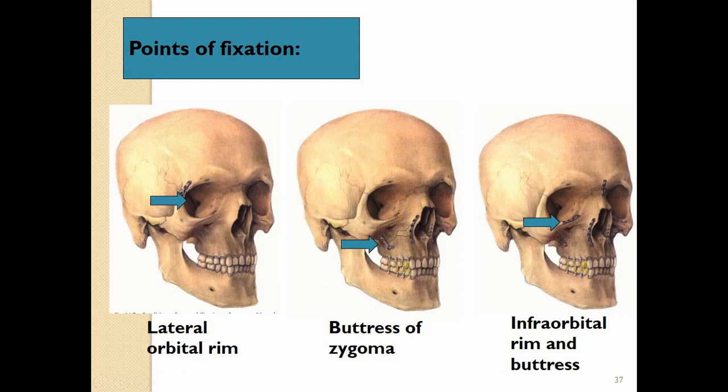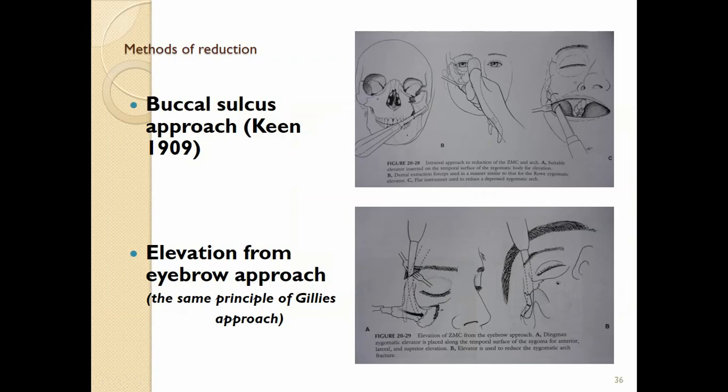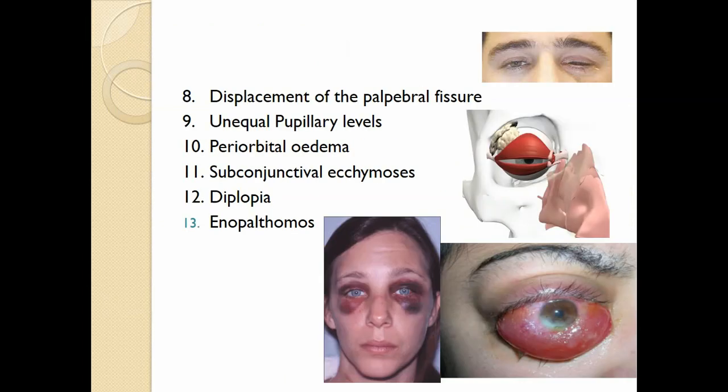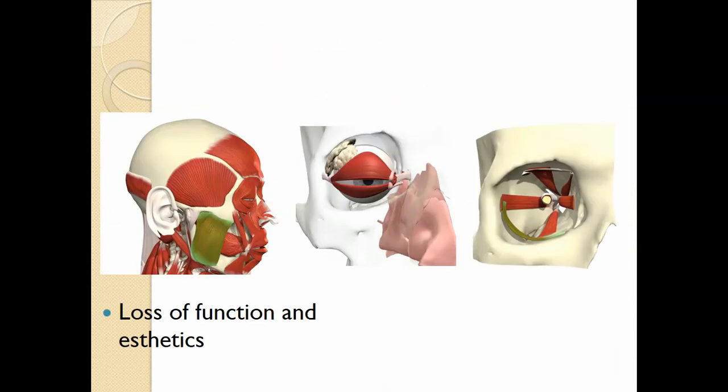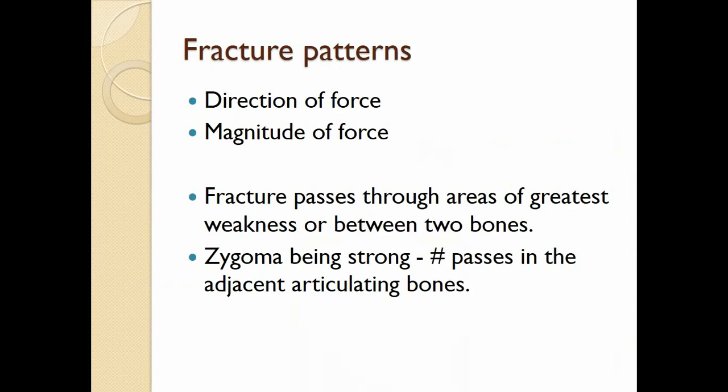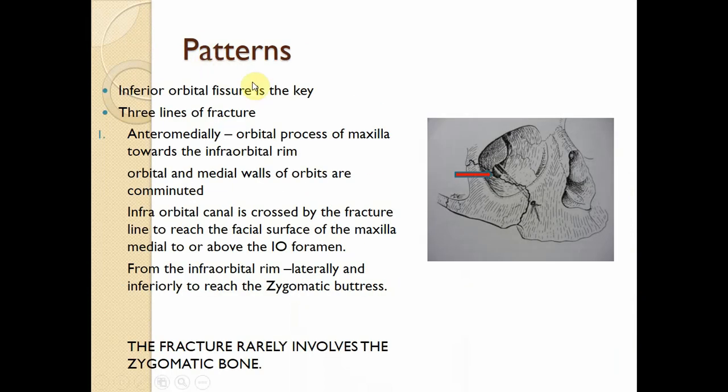So I will conclude with the main things we have discussed. First is the anatomy, and what are the causes for zygomaticomaxillary fracture, and what are the directions. These are the important things: how the patterns will go.